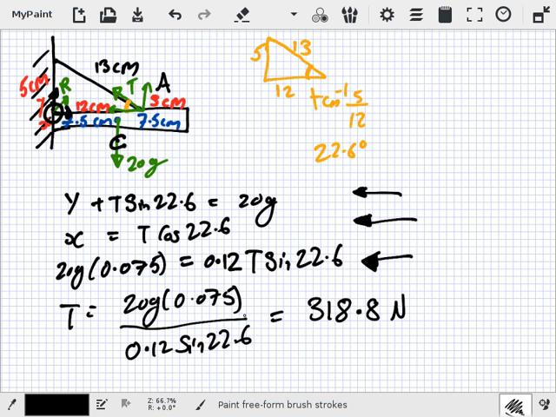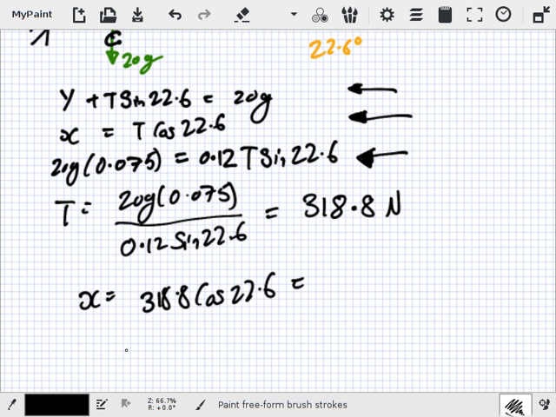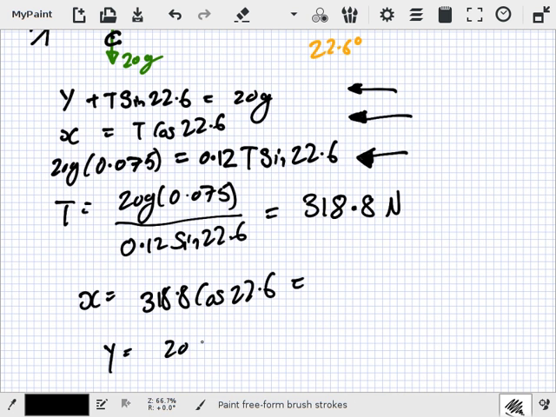Okay. And what about the x and the y now? So can someone type in x equals 318.8 cos 22.6? What's that? And then y equals 20 times 9.81 minus 318.8 sine 22.6. You are in degree mode, aren't you?